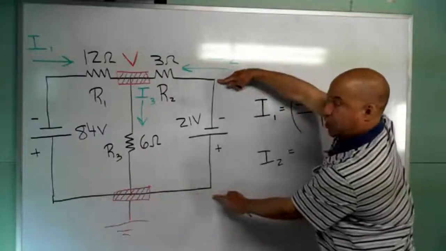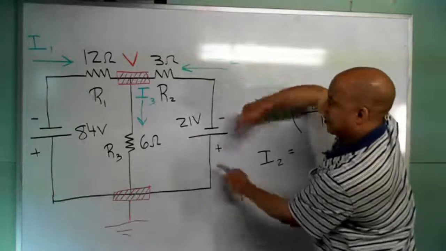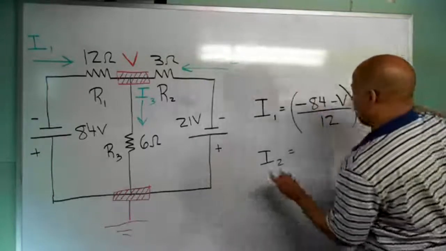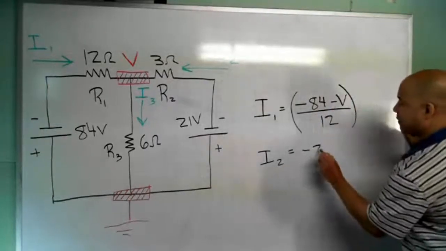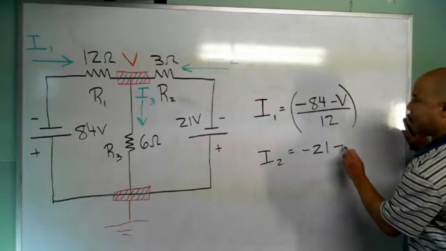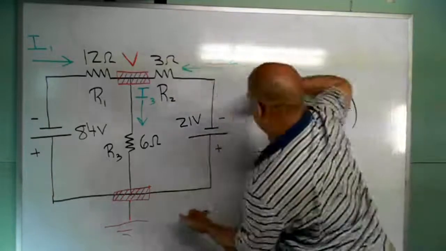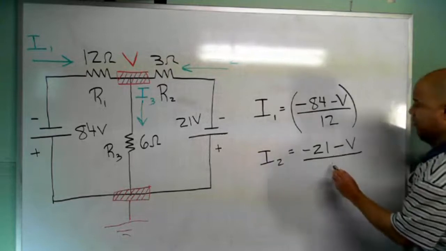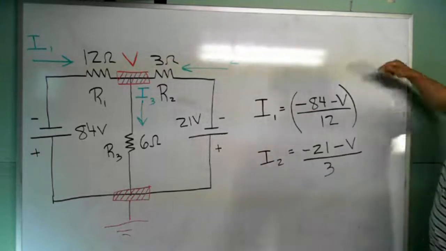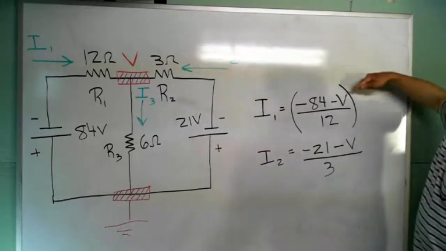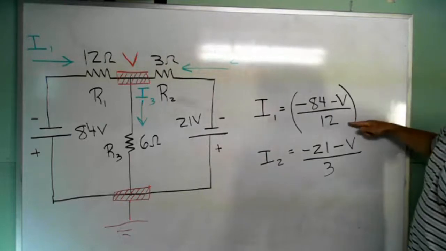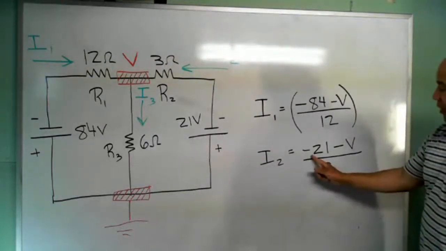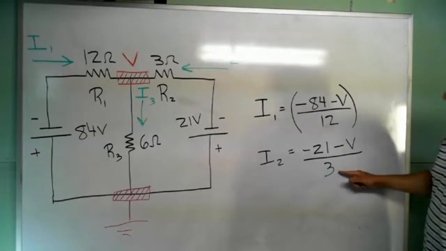I'm across the 21 volt source, but since the battery flipped over, it's going to read a negative 21. So I had a negative 21 minus the voltage on the other side, which is V, divided by the resistor value, which is 3. So it's always the voltage on one side minus the unknown voltage divided by the resistor value.